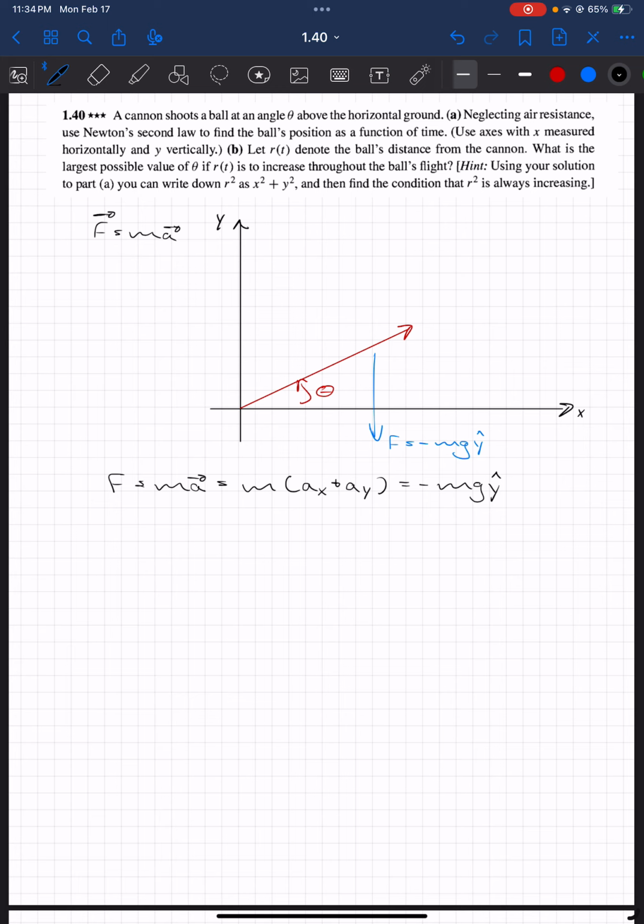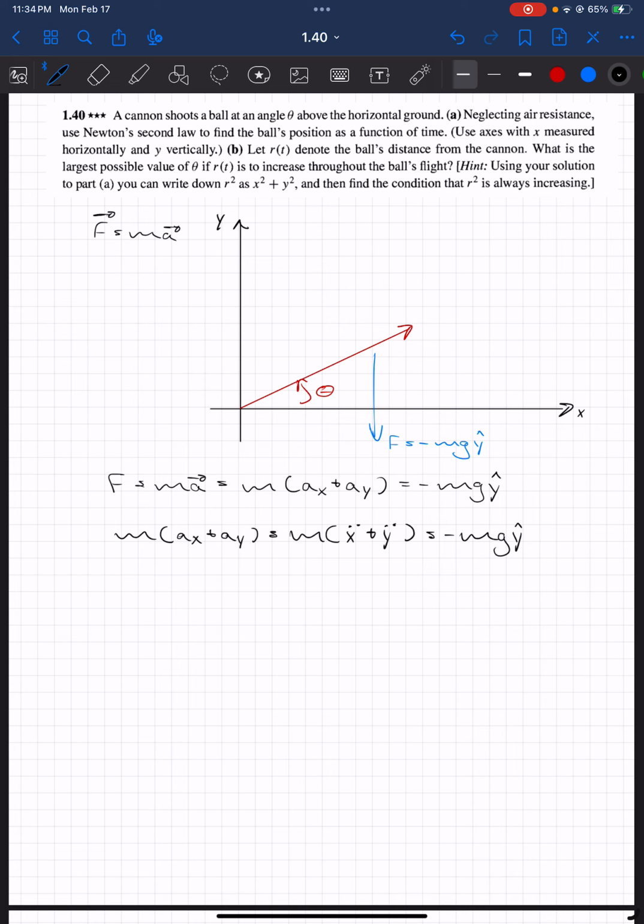Those are to be expected in this video, as it will just take too long to explain every time I bring those up. So I will write out that m times ax plus ay is actually equal to m times x double dot plus y double dot. And these are equal to negative mg y hat.